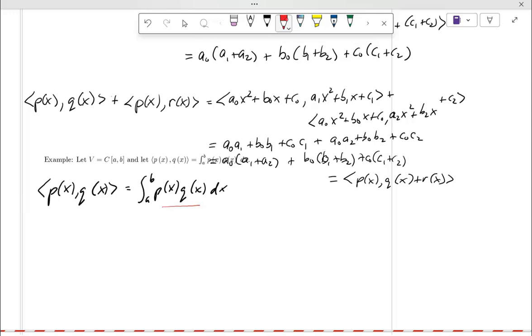These functions are real valued, meaning if you plug in a real number, you get out a real number. Real number multiplication is commutative, so that will flip around as Q of X, P of X, and that gives us the commutative property that we want. That's one property.